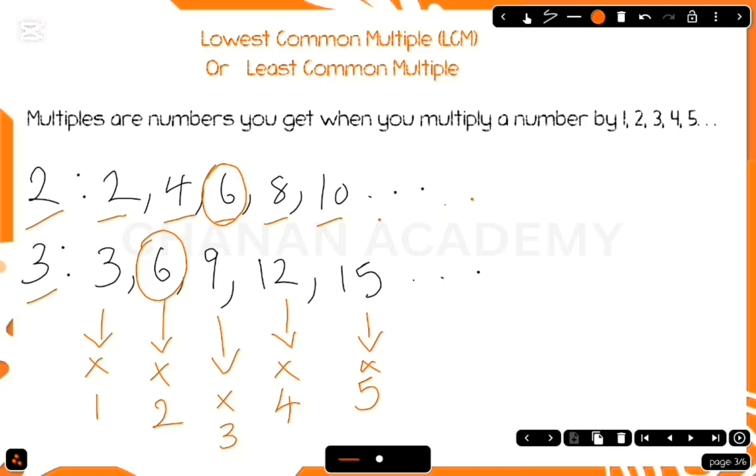We can keep expanding the multiples because they go on infinitely, but in the lists we just wrote, we have 2, 4, 6, 8, 10 for the multiples of 2, and 3, 6, 9, 12, 15 for the multiples of 3. So the common multiple between 2 and 3 is 6.